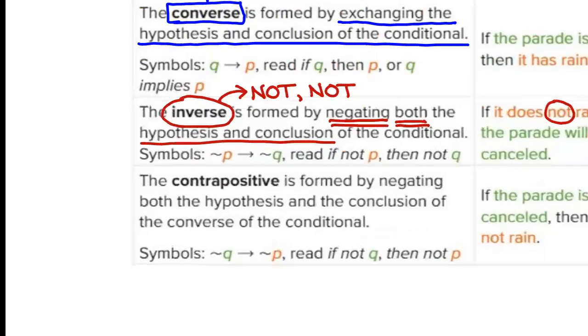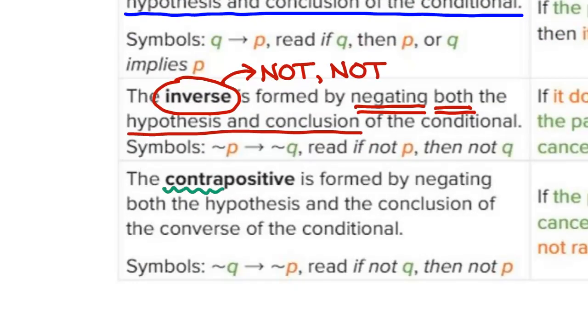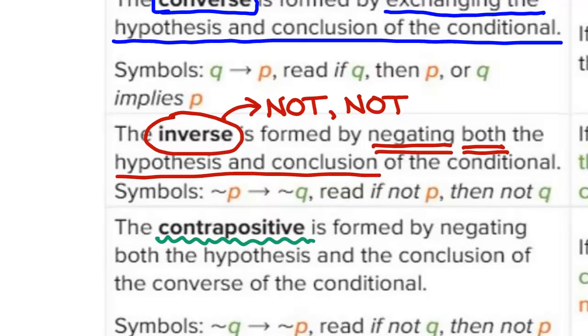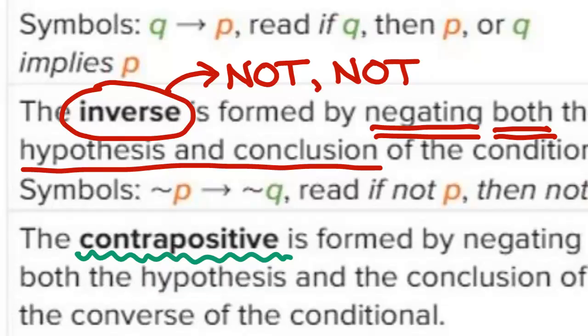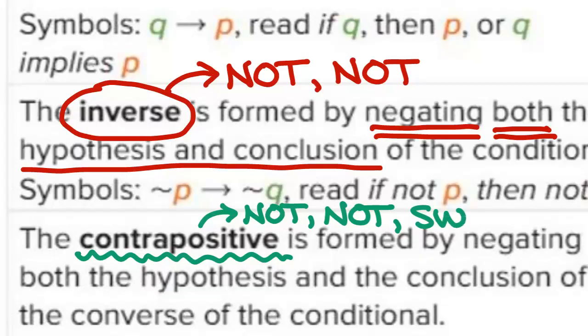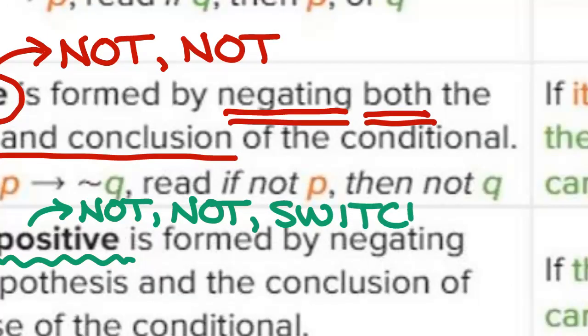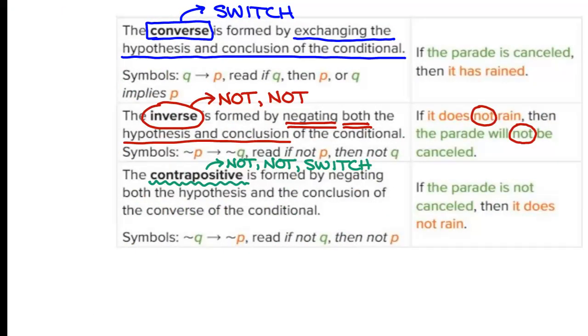And then finally, we have something called the contrapositive. And the contrapositive, we do both what we do with the inverse and converse. We do not with the hypothesis, not with the conclusion, and then we switch.